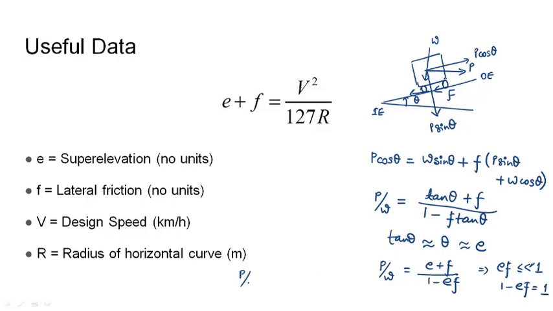So this gives P by W, which is also known as V square by GR, as E plus F. This is the same equation. Here V is used in SI units, but if we use V in kilometers per hour, a coefficient of 127 is used.